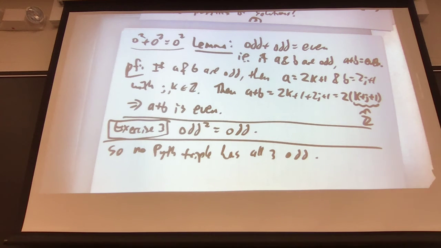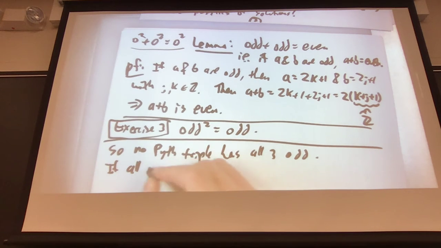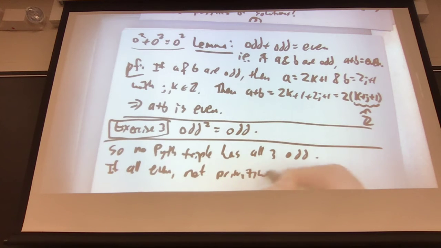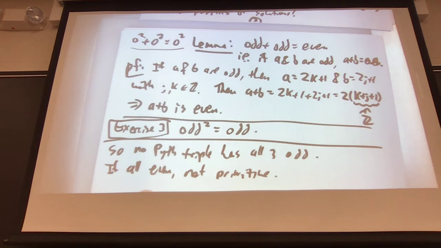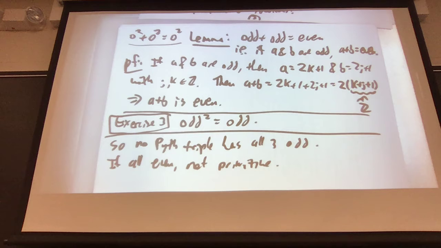So yes, you can have 6, 8, 10 as a Pythagorean triple, but we want the primitive ones. So if all even, then it's not primitive. And we decided we're going to only focus on the primitive ones because you can always pull out all the prime factors. Okay? So we've ruled out 3 odds, we've ruled out 3 evens.